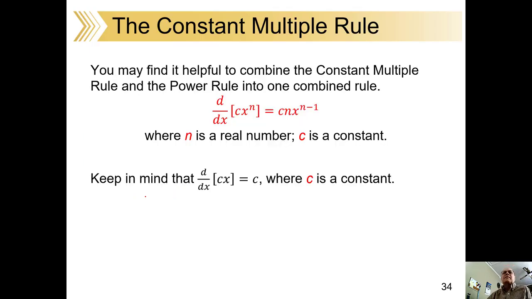Next, this is a representation of what we just did. Bring that n out front, multiply the c times the n, and don't forget to reduce the exponent of x by 1. No matter what it is, subtract 1 from it.